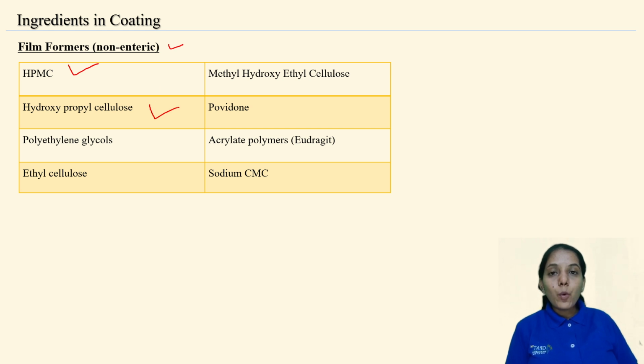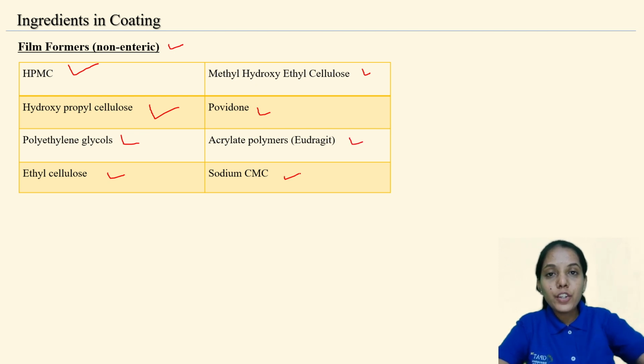Next is hydroxypropyl cellulose, polyethylene glycols, ethyl cellulose, methyl hydroxyethyl cellulose, povidone, which is also known as PVP, polyvinyl pyrrolidone. Next is acrylate polymers and Eudragit, known as Eudragit acrylic polymers. And next is sodium CMC.